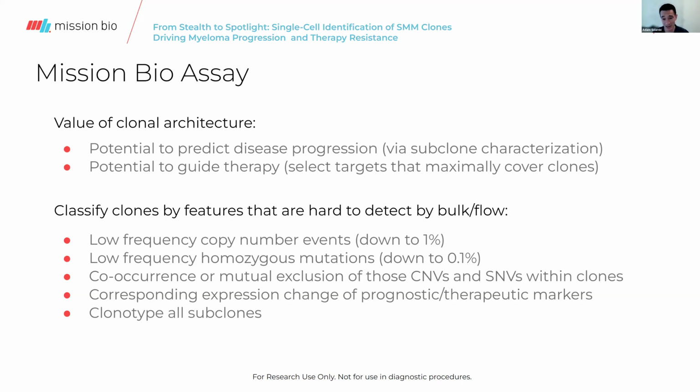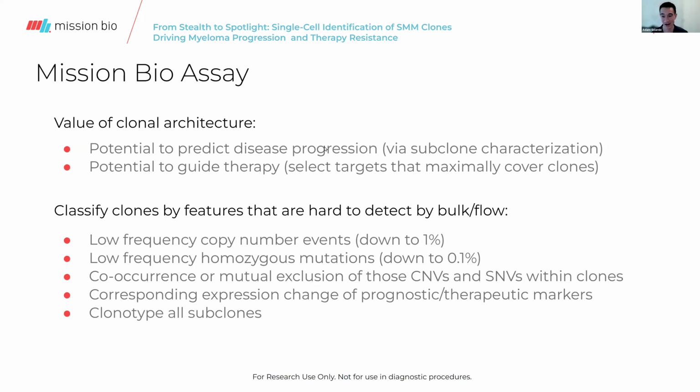And then also for our assay in general, I just wanted to leave you with some big takeaways. I've hopefully been able to convince you of the value of clonal architecture, both to predict disease progression, understanding that it's not a homogeneous sample.